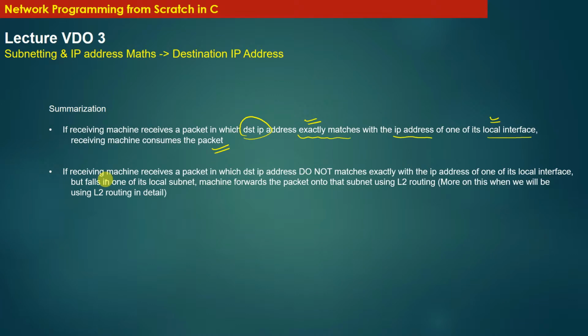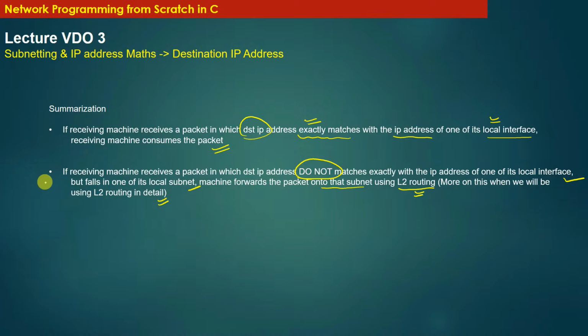Second point is that if the receiving machine receives a packet in which the destination IP address does not match exactly with the IP address of any of its local interfaces but falls in one of its local subnets, in this case the machine forwards the packet onto that subnet using L2 routing. We will discuss more on L2 routing when we discuss it in detail.